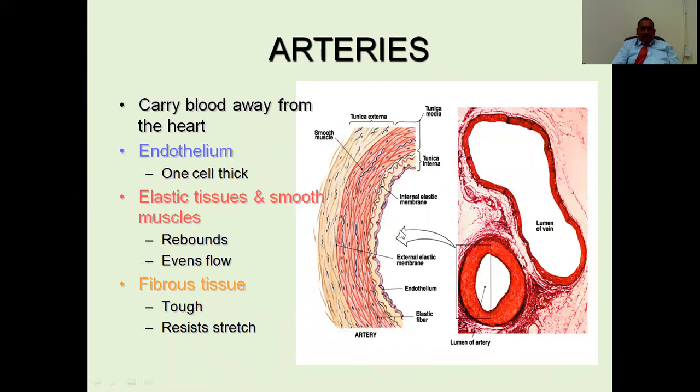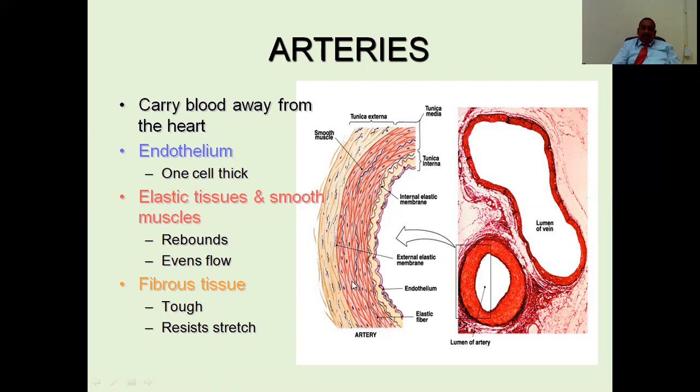This is the microscopic layer of arteries. This internal part is the endothelial cells, and this is covered by elastic tissue and smooth muscles.